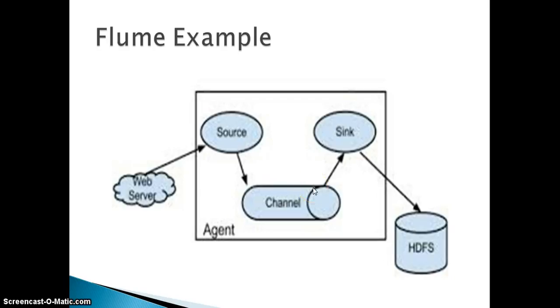This is to ensure that you are delivering the data 100%. Once the sink confirms to the channel that it has successfully delivered the data, only then does the channel remove the events inside it.